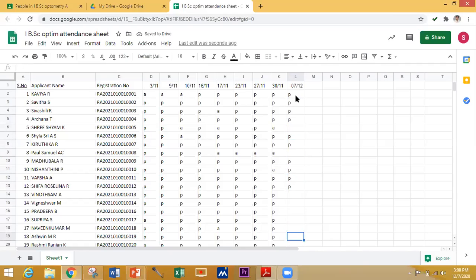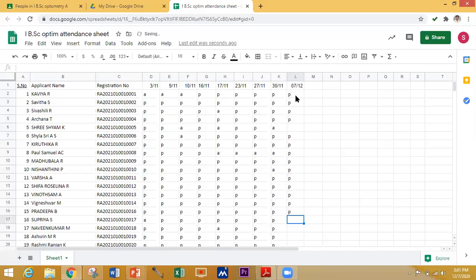Sir, Samuel present, sir. Vinod Sam. Present, sir. Vigneshwar. Sir. Pradibha, sir, please am correct. Pradibha, present, sir.